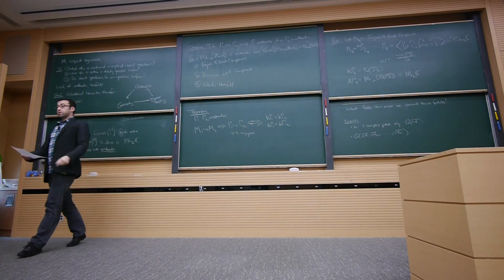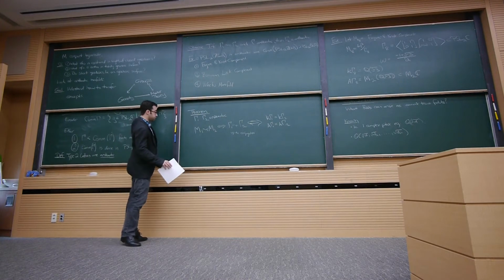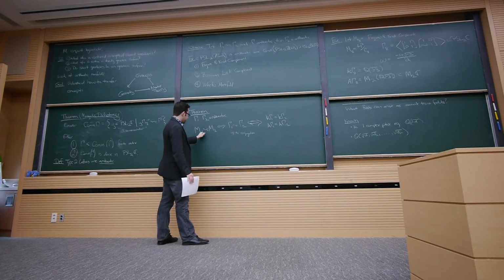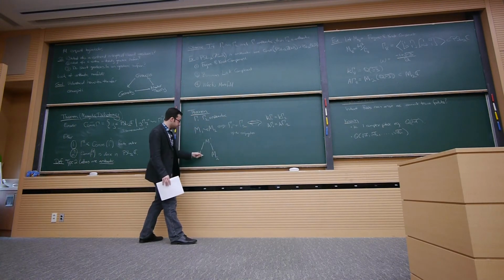You recall the definition of two manifolds being commensurable? I didn't write it down explicitly. It means that two manifolds share a finite sheeted cover, and there's some fine print, which is that this is up to isometry.